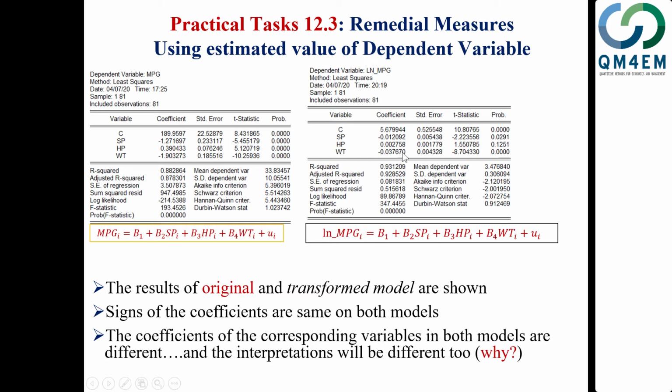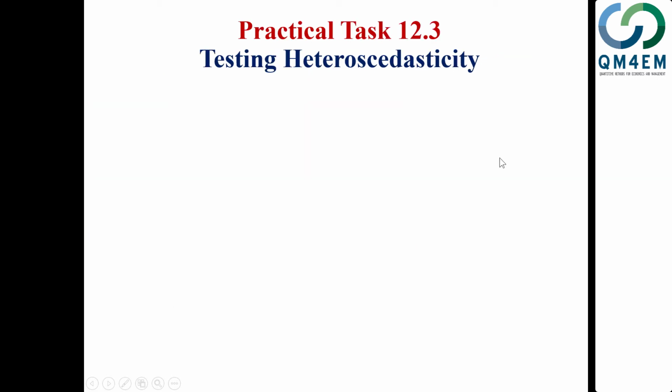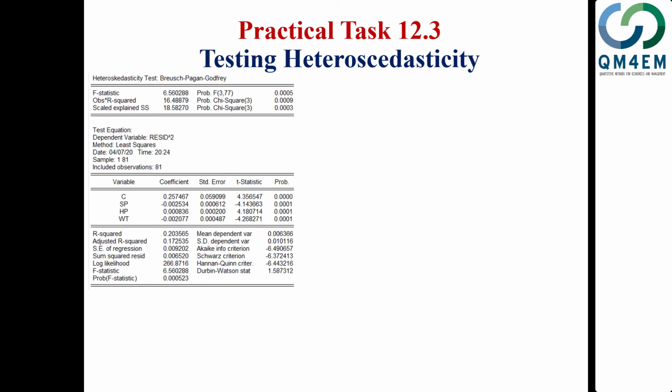Now we believed that this transformation, when done, solved the problem of heteroscedasticity. So let me go to the test results. This is the output of the BP test, and we already saw that the BP test is based on the F statistic with 3 and 7 degrees of freedom.